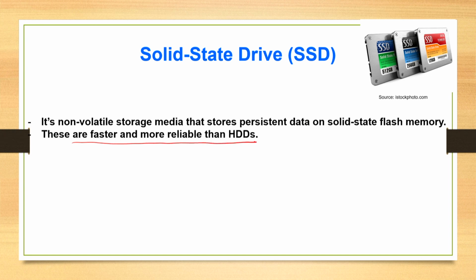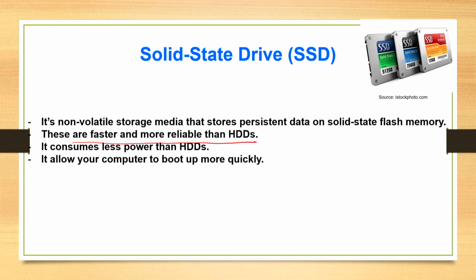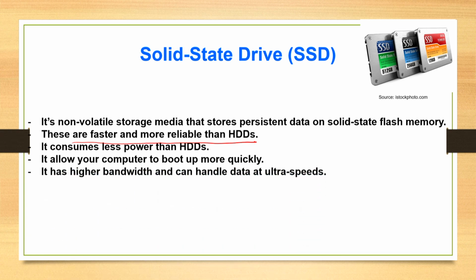If you want to improve the speed of your system, then you can use an SSD. That will definitely enhance the speed of data transfer. It consumes less power than a hard disk. It allows your computer to boot up more quickly. It has a larger bandwidth and can handle data at ultra speeds.